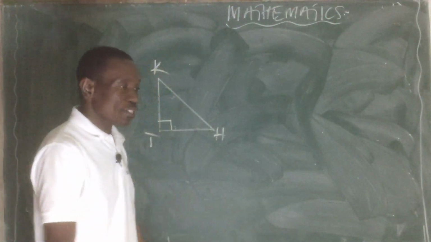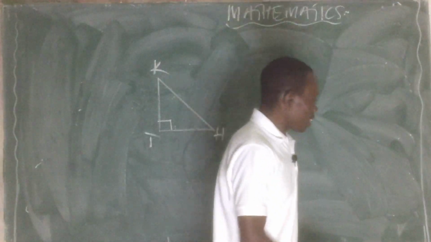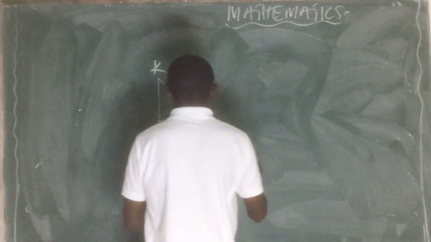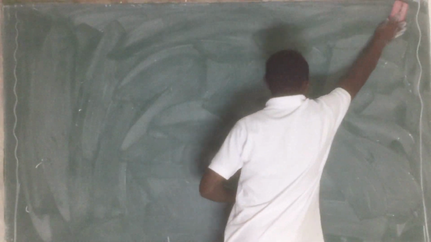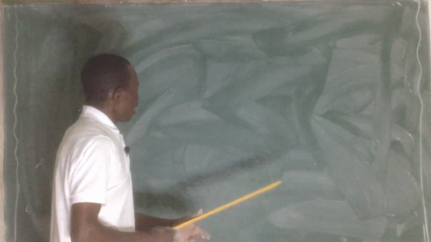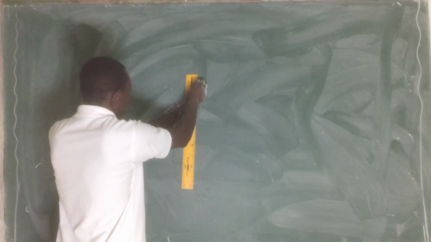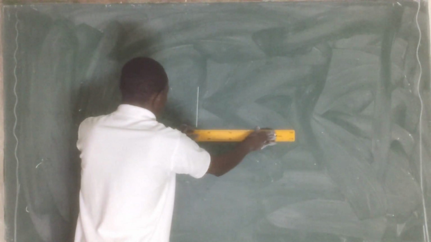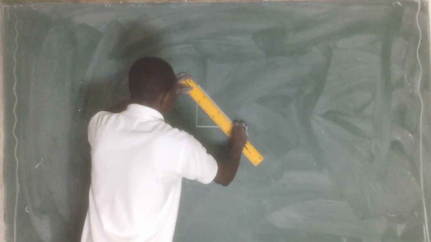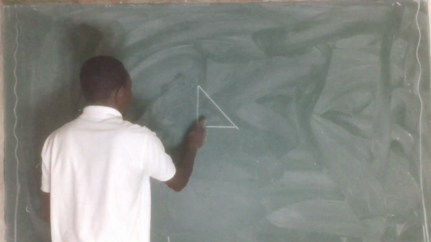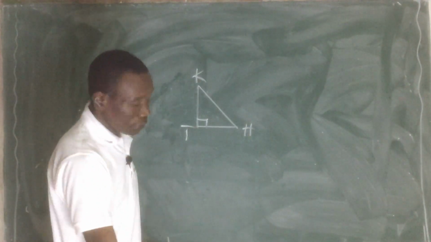The space is not spacious enough, so allow me to erase this one so that I have a large space here. And maybe I should just reduce the size of the triangle to something like this. Let me consider this is my triangle, right angle triangle. Talk of the KTH and whatever description you can have.